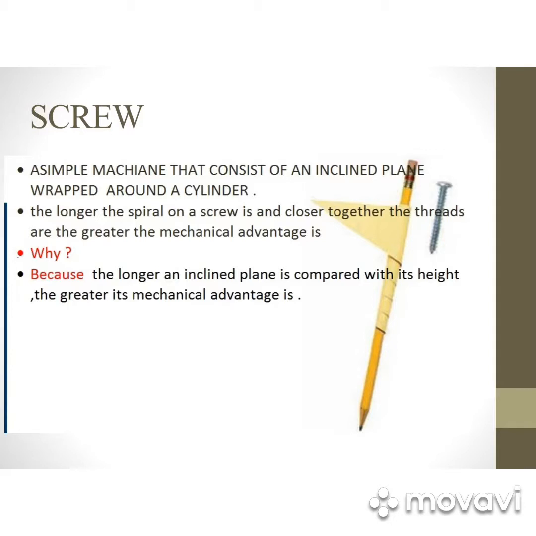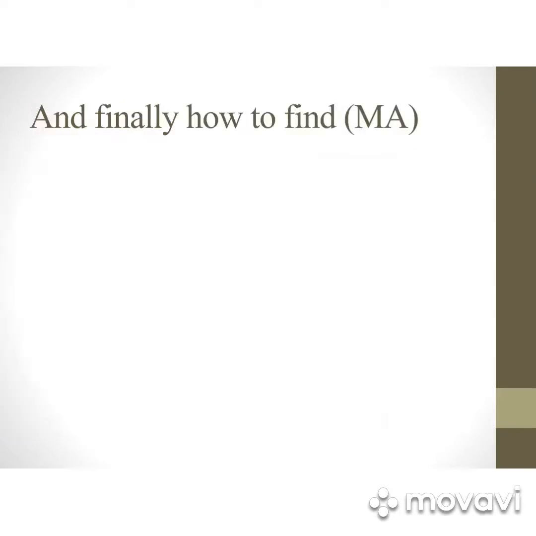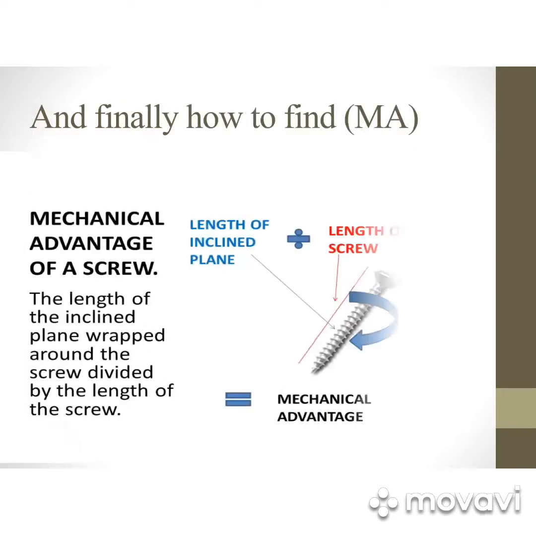Remember that the longer the inclined plane is compared with its height, the greater the mechanical advantage is. Also, remember, a jar lid is a screw that has a large mechanical advantage.